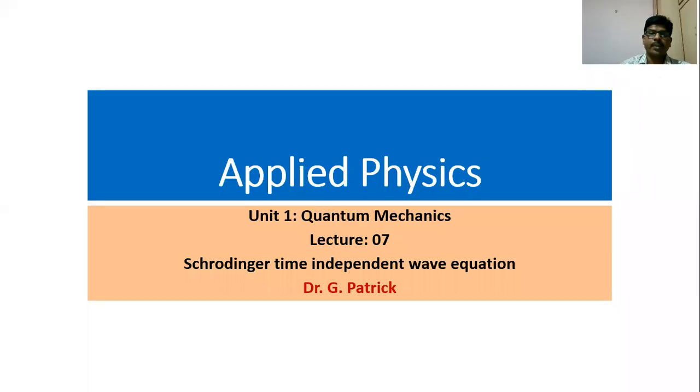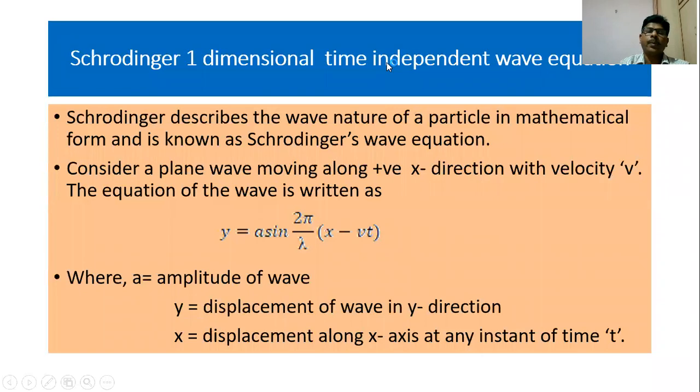In this lecture, we are going to study Schrodinger's time-independent wave equation, which is lecture 7 of Unit 1, Quantum Mechanics. Now, to recollect what we have studied, de Broglie hypothesis states that matter particles also behave like waves.